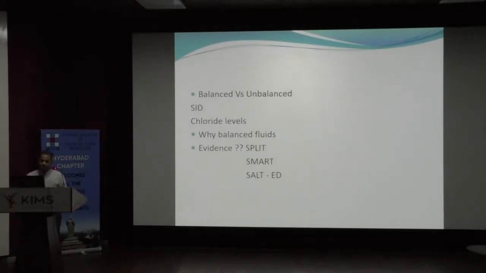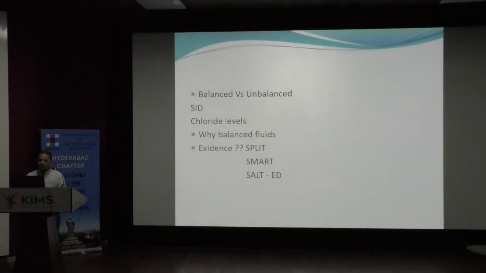A fluid is called balanced when, whatever fluid we infuse into our plasma or circulation, it should be neutral. It should not alter our pH or acid-base balance. That is called a balanced fluid. What are the components that decide whether a fluid is balanced or unbalanced?